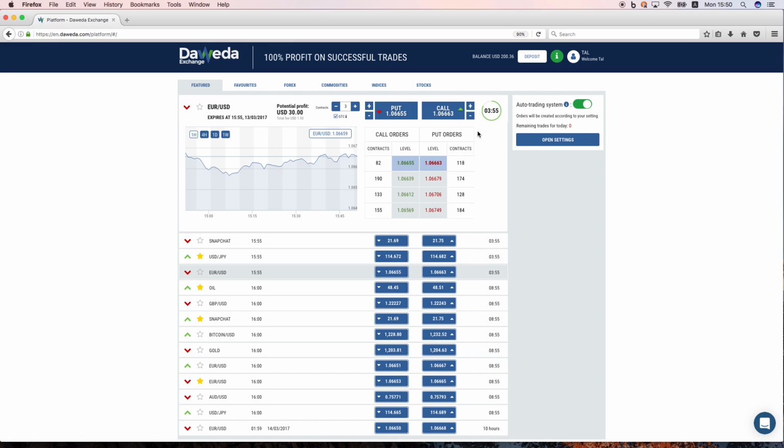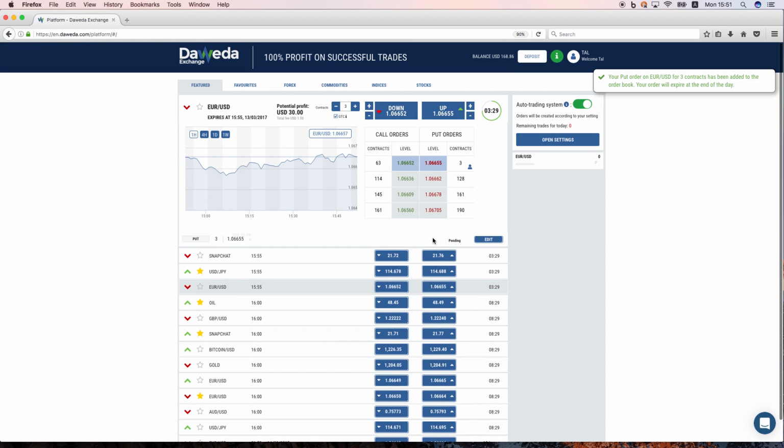And let me just give you an example. So we've got 3 minutes left. The actual market price is this. I think I'm looking at the graph, and as you can see, it is trading down. I am going to change the price slightly, and I've put a pending order, a pending put order.